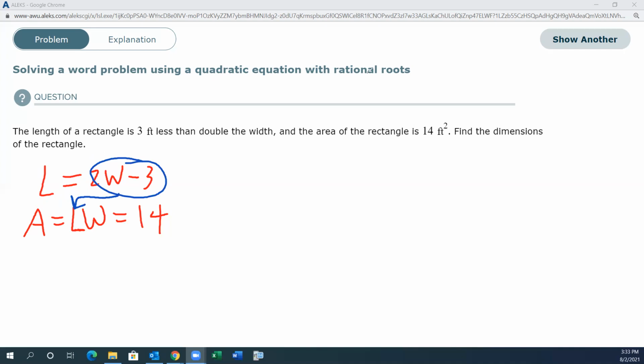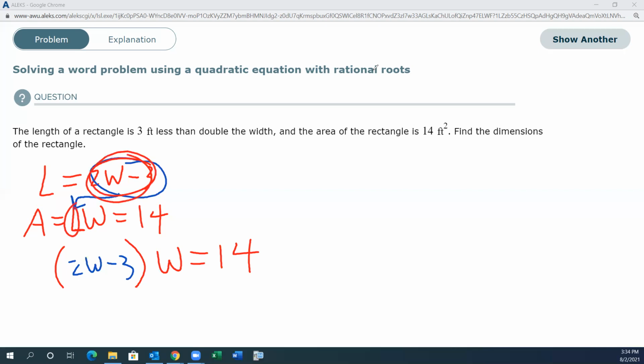So this equation becomes length, which is 2w minus 3, times width equals 14. You'll notice all I did was replace the L here with what L equals, 2w minus 3. Now I can go ahead and solve it.